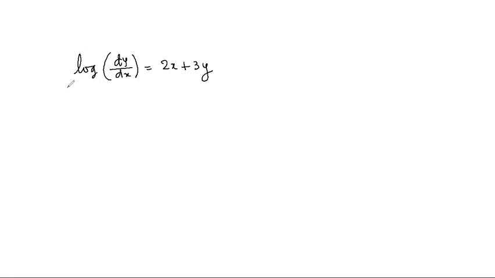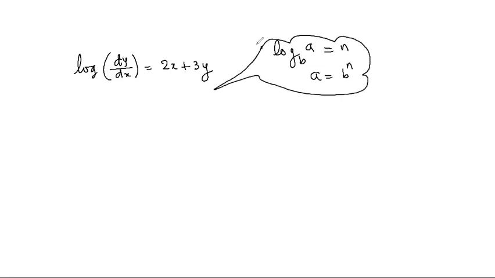Can anybody tell me how to remove that log from there? Take e raised to the power on the right hand side. Log a to the base b is n, then a should be equal to b to the power n. This you can apply. So dy by dx will be, what is the base of the log? When you don't write the base, it is e.